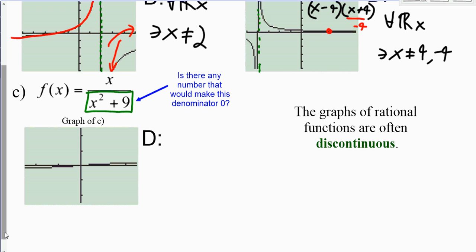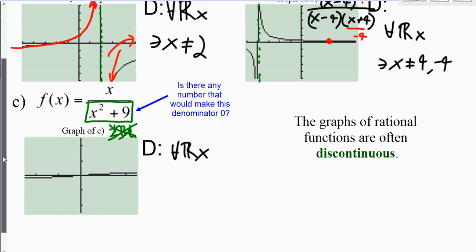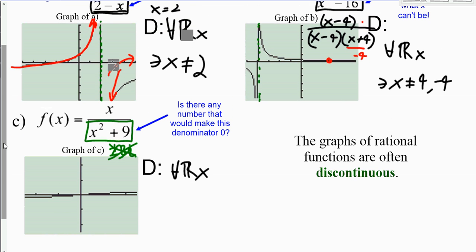Our roots of that quadratic are plus and minus 3i. We're not going to worry about complex numbers here. So for this one, if we cannot make that be 0, then it's for all real x's. Notice that many rational functions are what we call discontinuous, meaning we cannot draw the graph in its entirety without lifting up our pencil at some point.